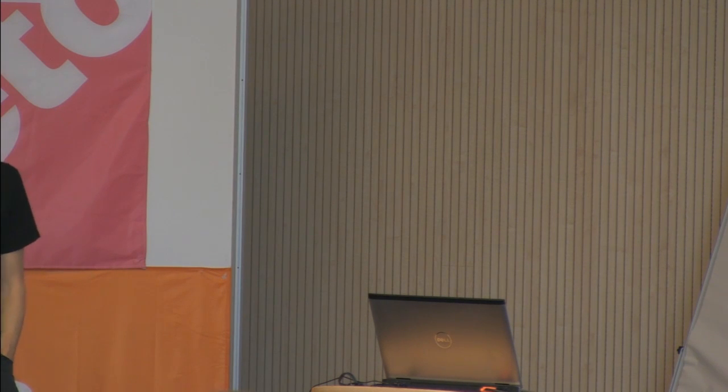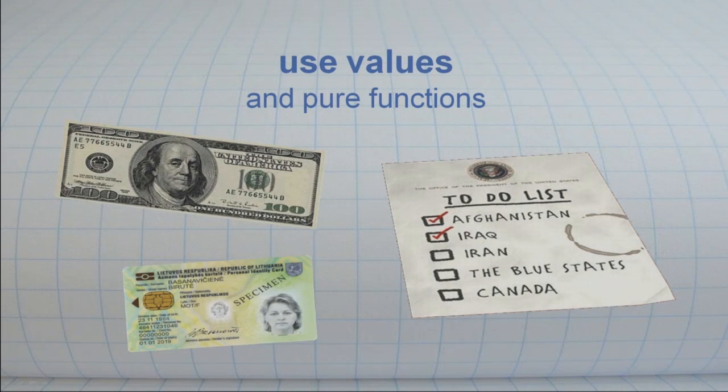Next thing, if you are interested in functional programming, and I think you should be, functional programming supports the idea of using values instead of state and pure functions instead of methods. A value is something that does not change state. A value is $100, right? It represents itself.